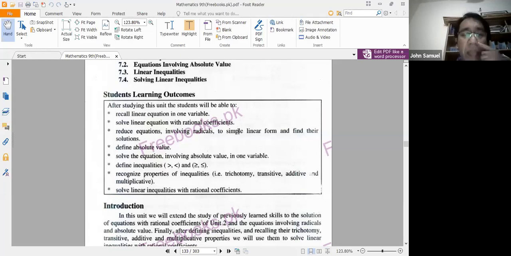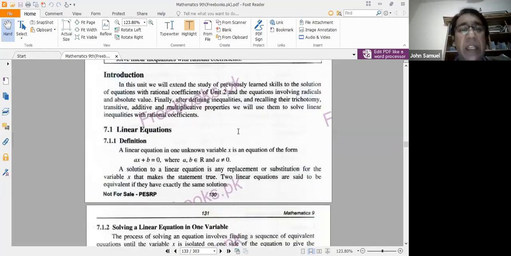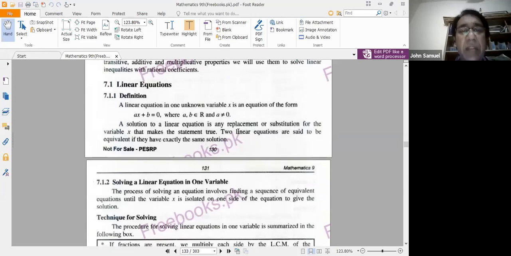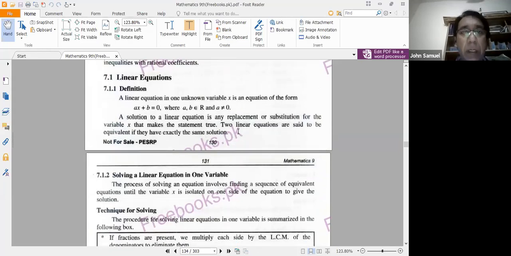So before I take you ahead little, just look at the definition of the linear equation. Look carefully because I will explain you later.